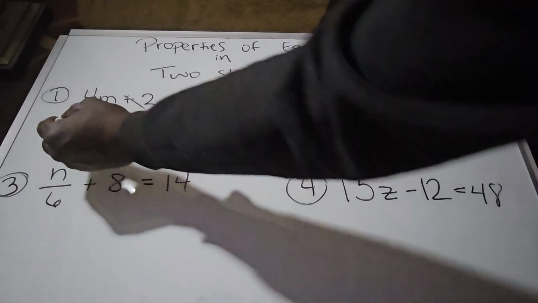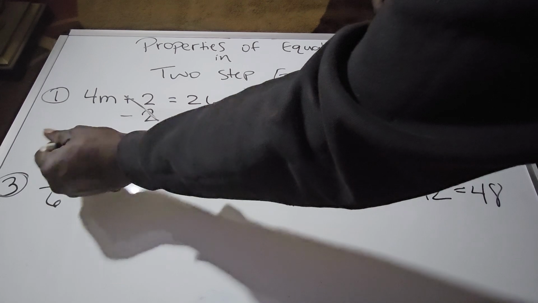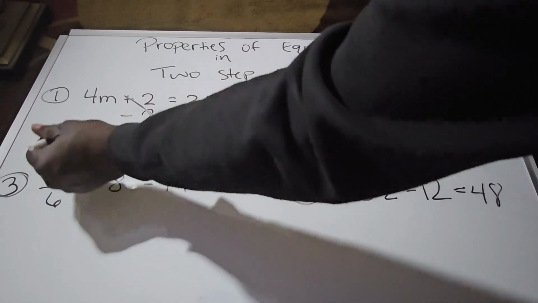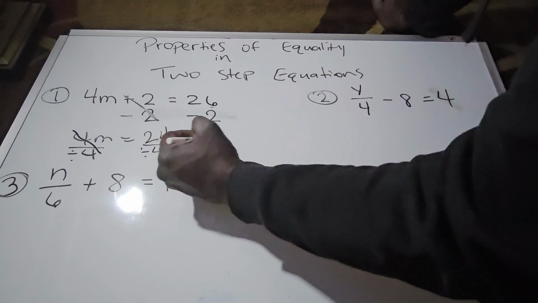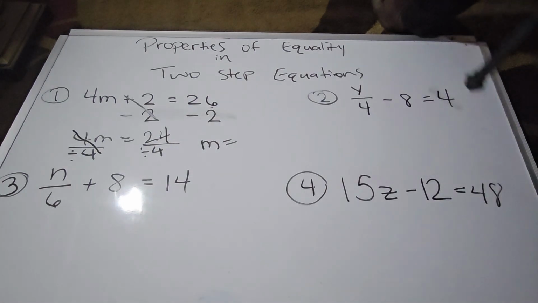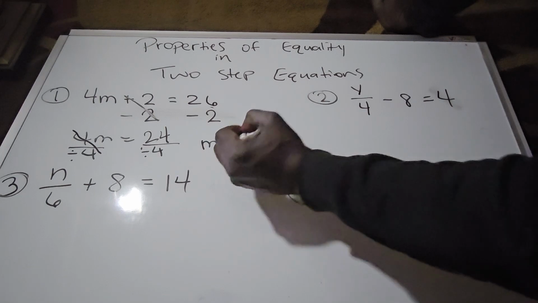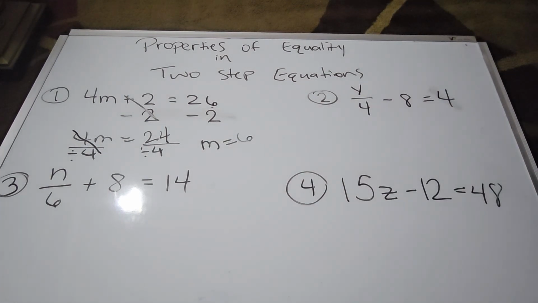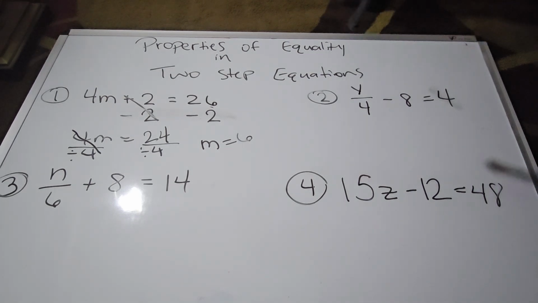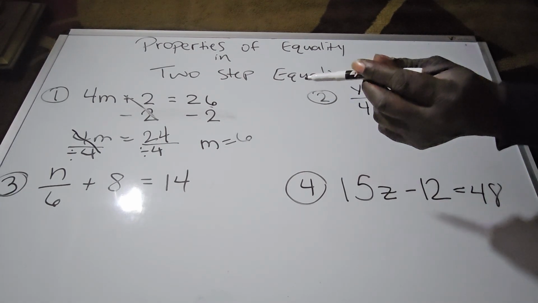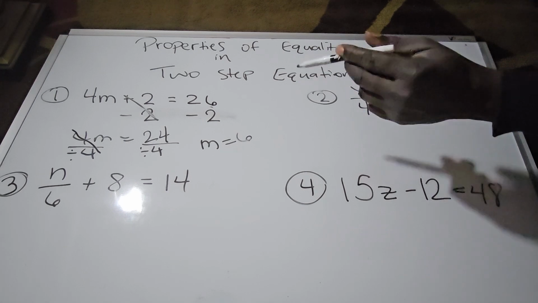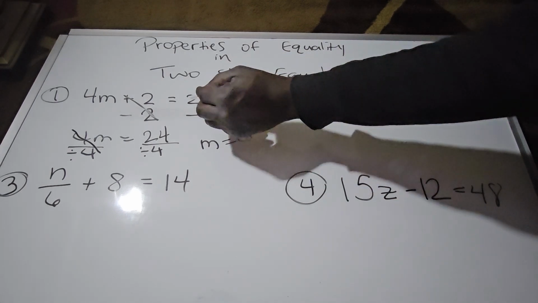The 4's cancel out because 4 divided by 4 is 1, and 1 times m is just m. So now we have m all alone. And 24 divided by 4 is 6. Now, if we plug in 6 for m, we know that 4 times m is 24, plus 2 will be 26.